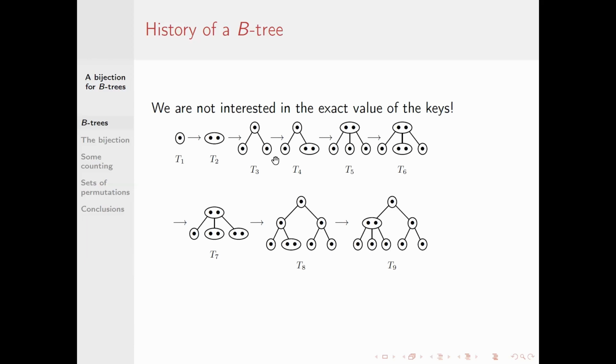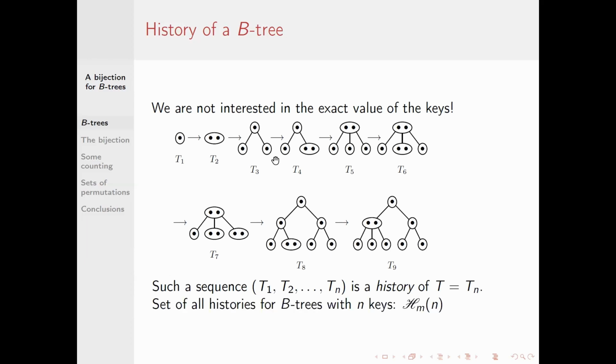But such a sequence of B-trees, where you don't see the exact values of the keys, we call this a history. And we have this fancy H to denote the set of all histories for B-trees of order 2m plus 1 that contain n keys.